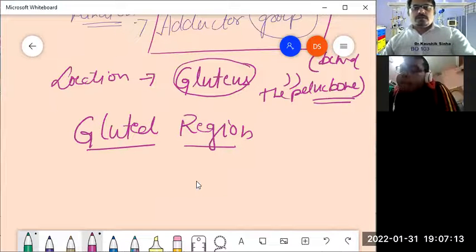It is a very important region because it contributes to the stability of the entire upper part of the body.